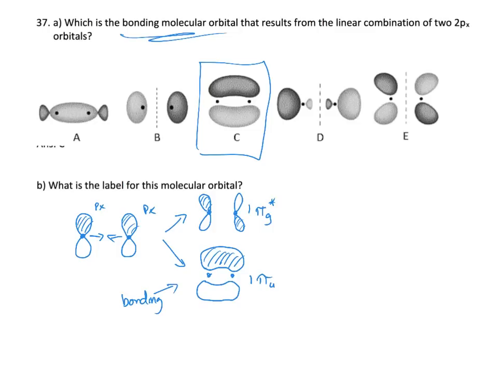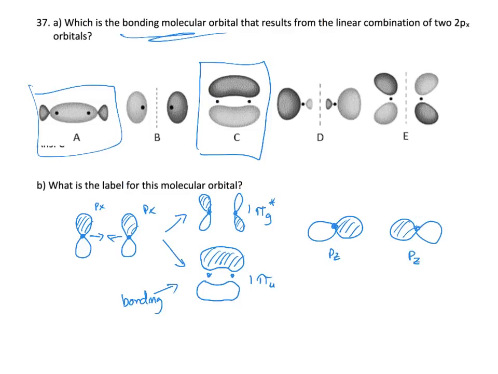I just wanted to point out that to make an orbital like A, what you would need are the pz orbitals, because the pz are the ones that would be pointing towards each other, and that's because convention states that the internuclear axis, the imaginary line that connects two nuclei that form a bond, is defined as the z-axis.